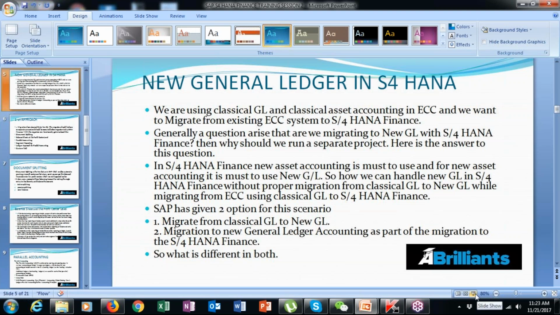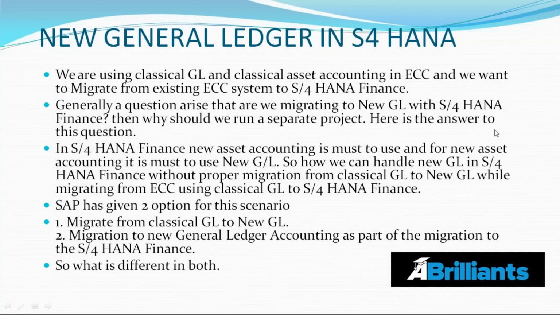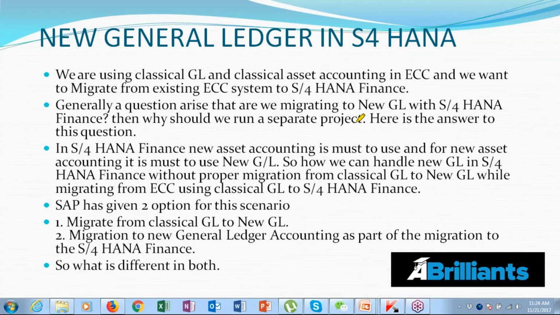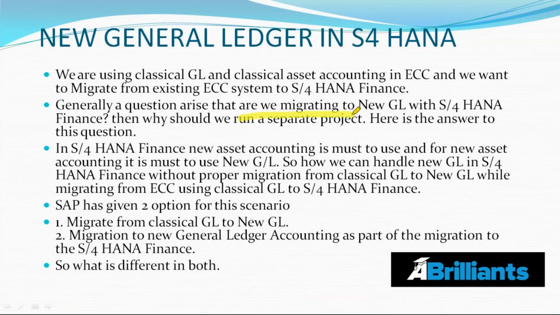But now we can ascertain this change by responding to this question: we are to migrate to the new GL with S/4HANA Finance. That's why we have to run separate projects, which means we have to upgrade in the sequential flow which I mentioned in the past.